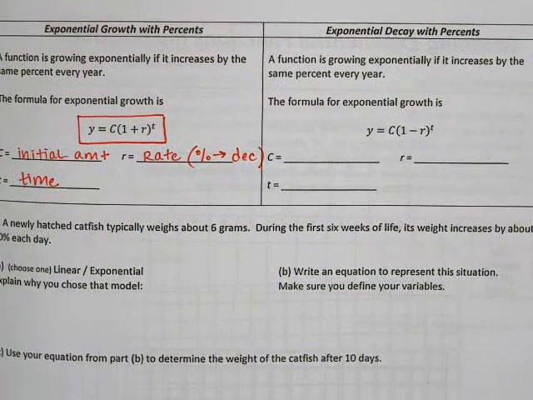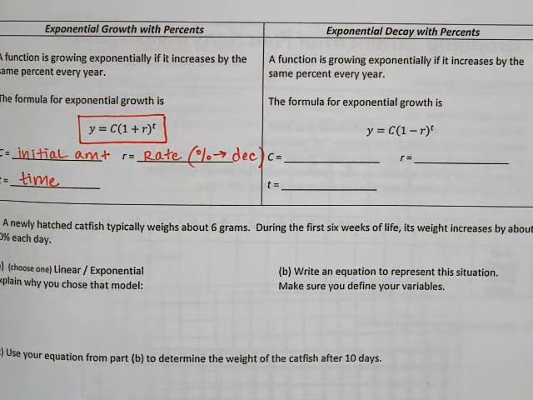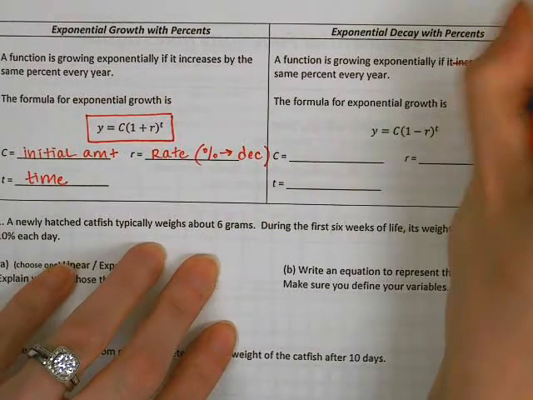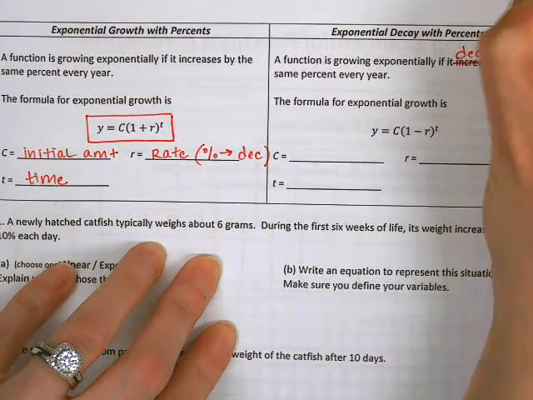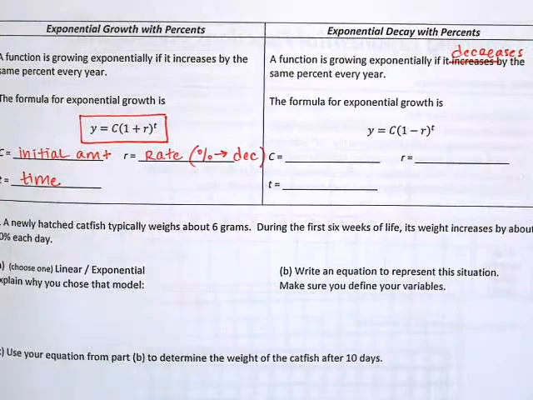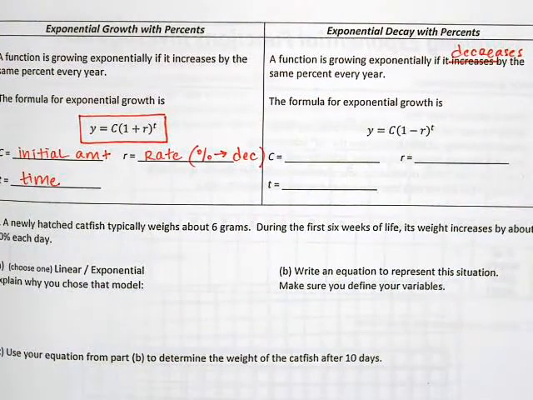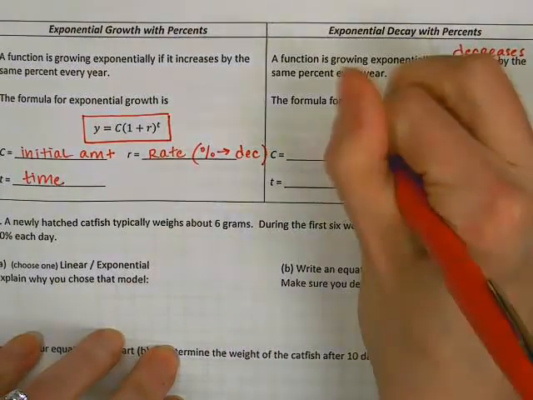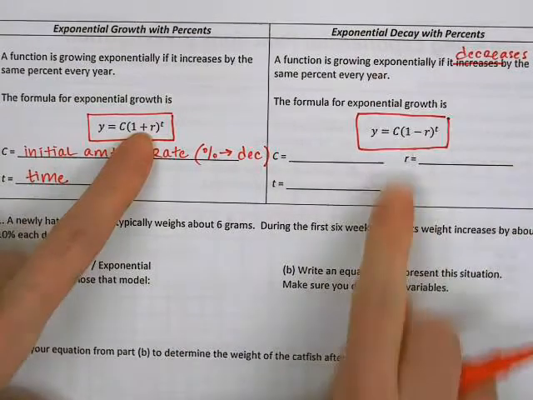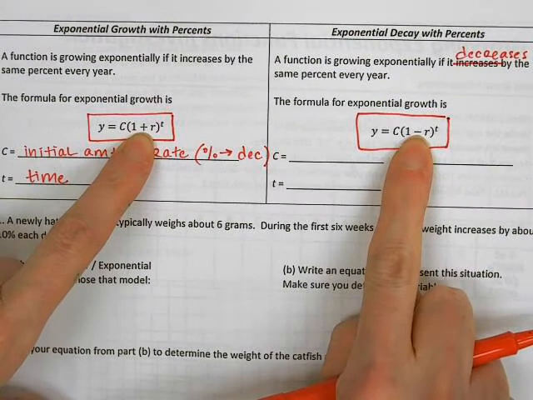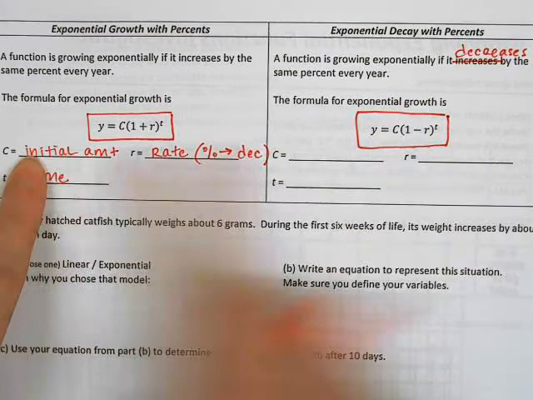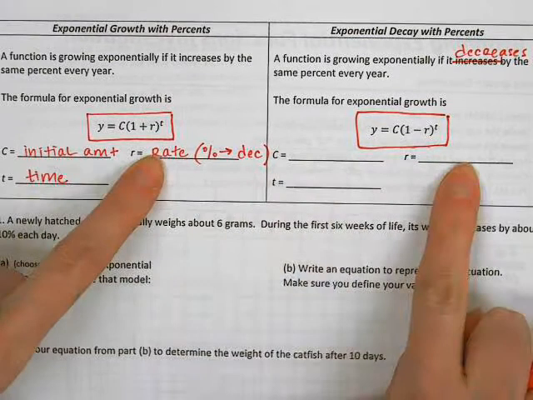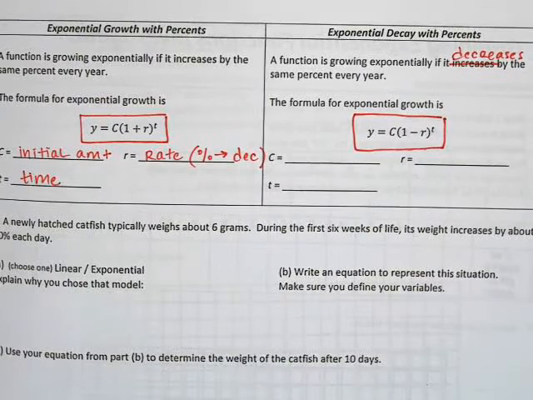And then if it's decreasing, sorry, we have a typo here. This should be decreasing. If it decreases by the same percent every year, this is our model. It's the same thing, but instead of a plus, it's a minus. Same thing though. C is the initial amount, R is the rate, T is the time.